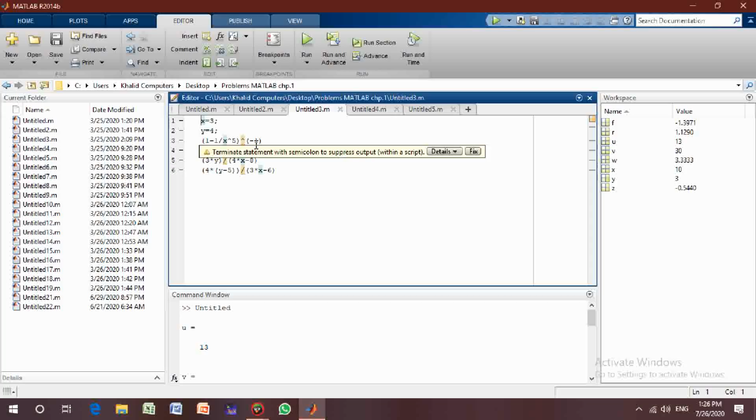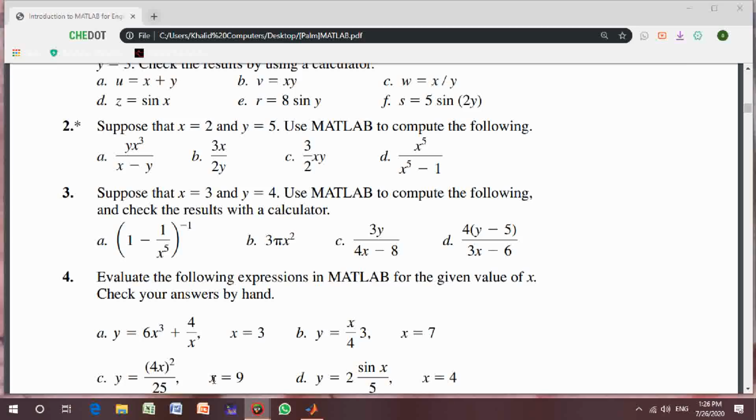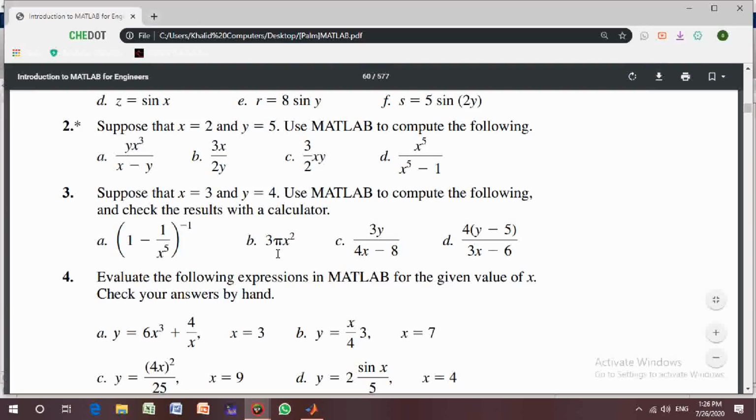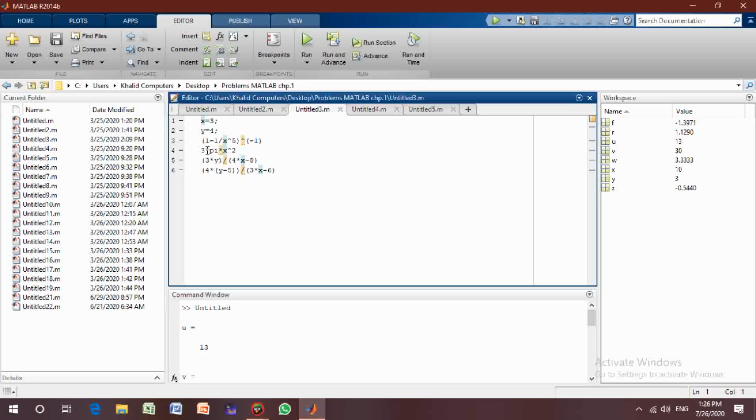And its code is 1 minus 1 over x raised power 5, and whole power is minus 1. And second part is 3 pi x square. Its code is 3 star pi. MATLAB reads pi as pi, star x raised power 2.